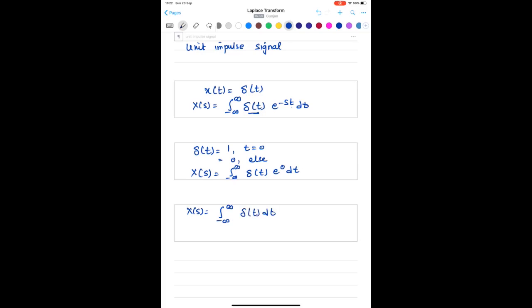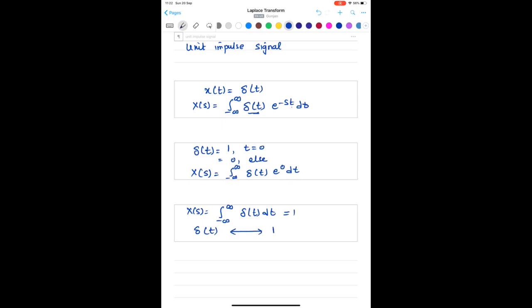Now there is another property of the impulse function: its integration, or you can say the area under the impulse function, is equal to 1. So we can say that the Laplace transform of delta t is 1.